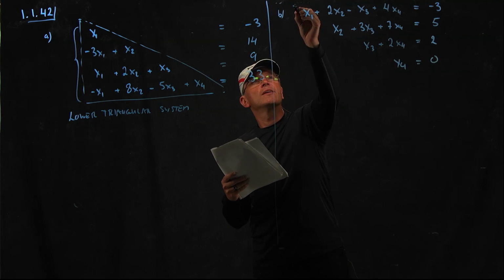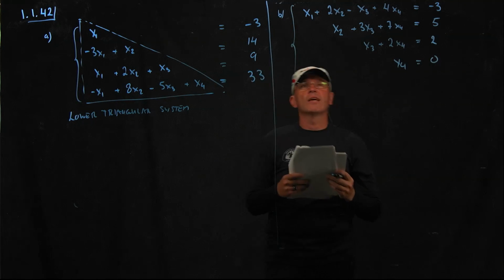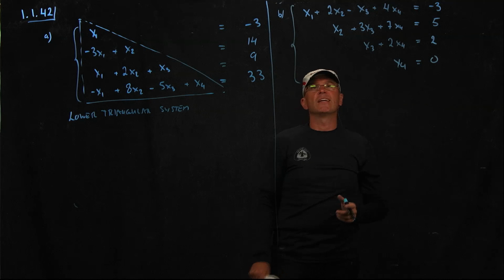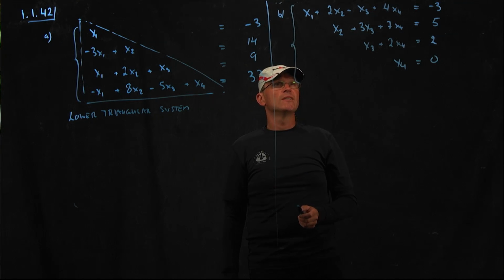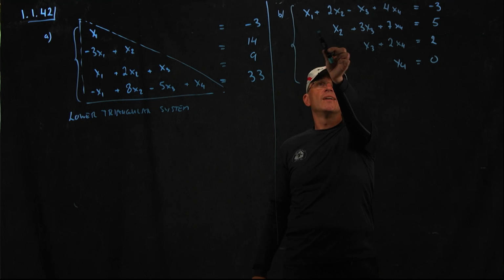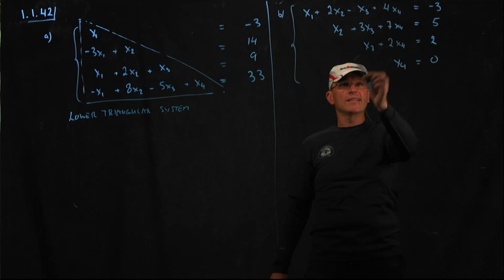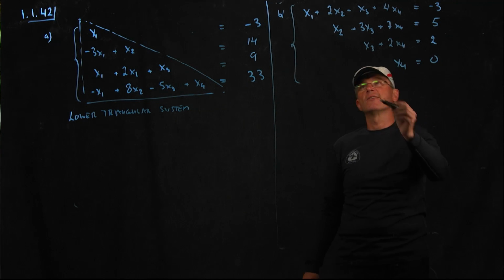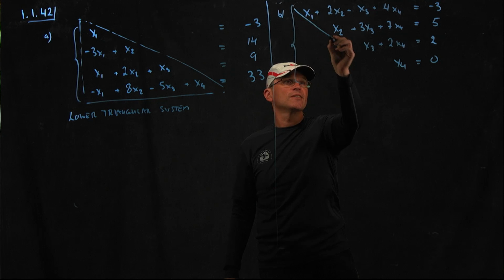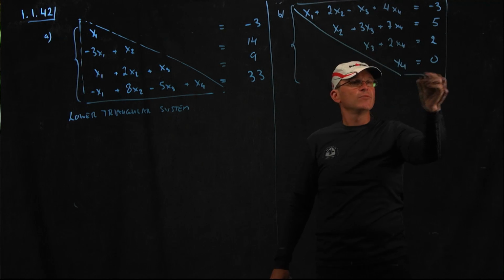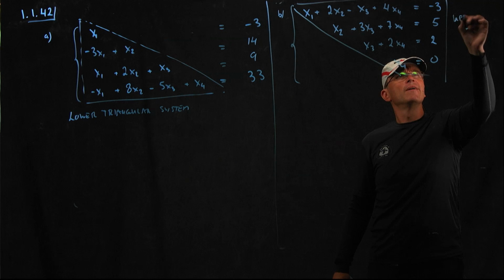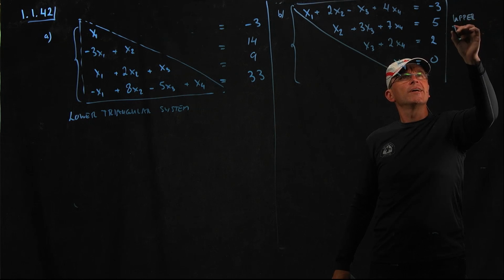Right, so again, we kind of have the opposite setting, right? So x1 only appears in the first equation, and then x2 is the leading in the second, x3 is leading in the third, etc. Right? So we also have a triangular system, except in this case we have an upper triangular system.